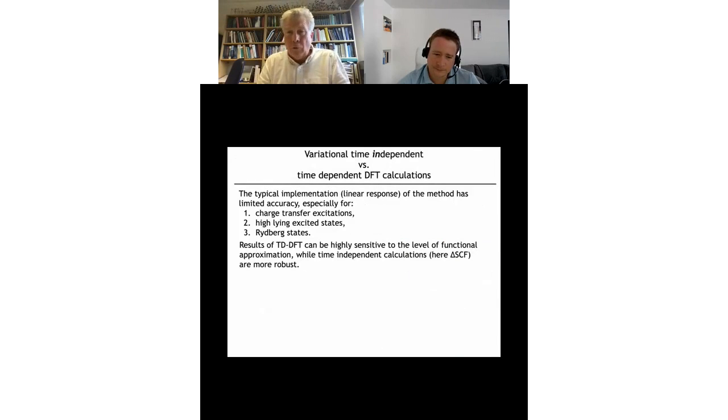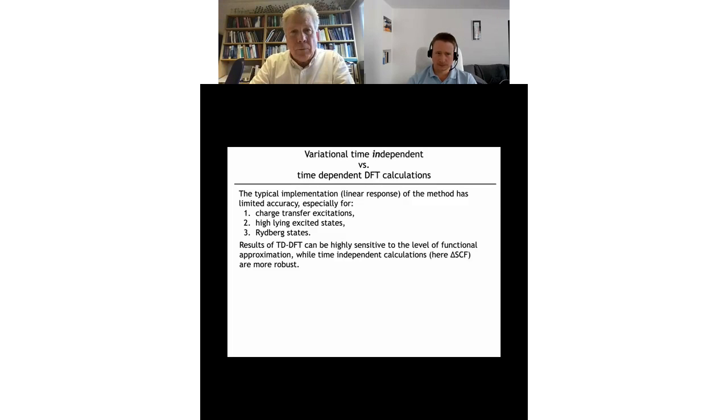I believe this is going to be very transformative, in the sense that people will, I think, stop doing time-dependent DFT calculations pretty soon, because they are really not very accurate, and they are problematic. For instance, for seeing the interesting, significant charge transfer excitations, high-lying excited states, Rydberg states, all of that is very hard to find in a typical time-dependent DFT within the linear response formulation.